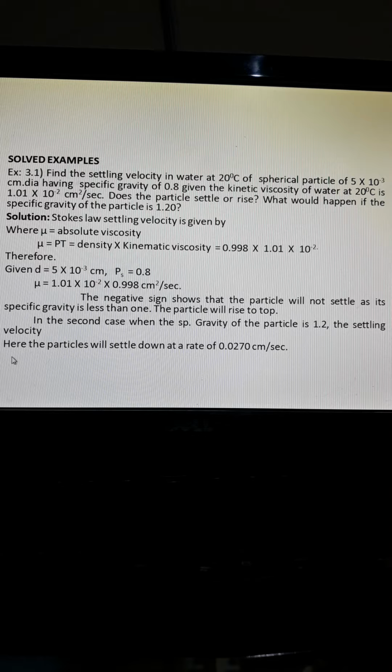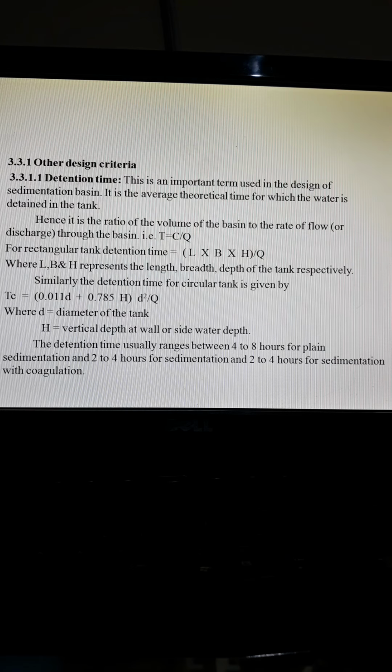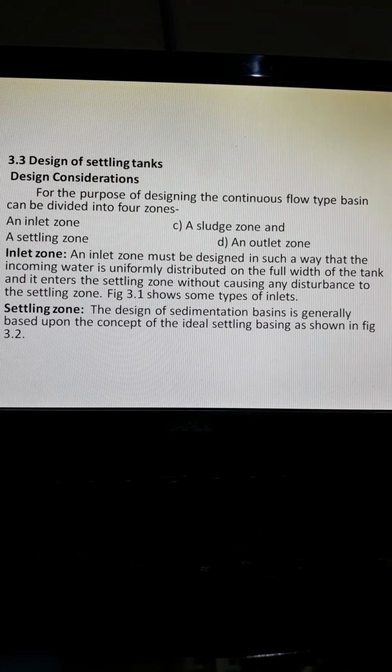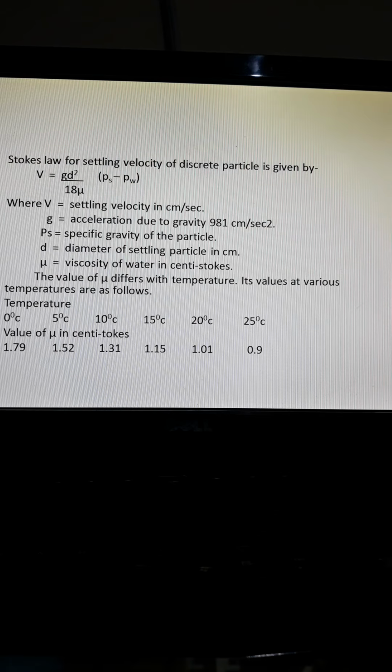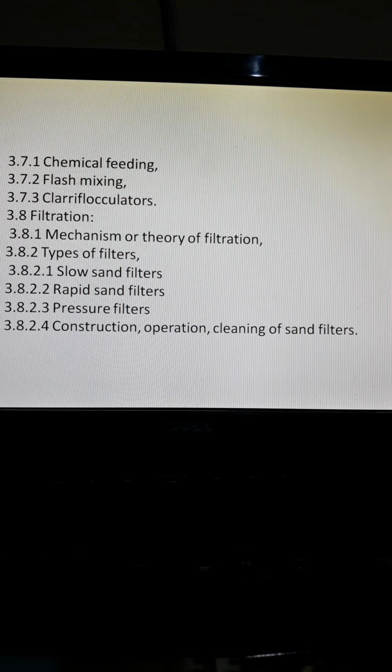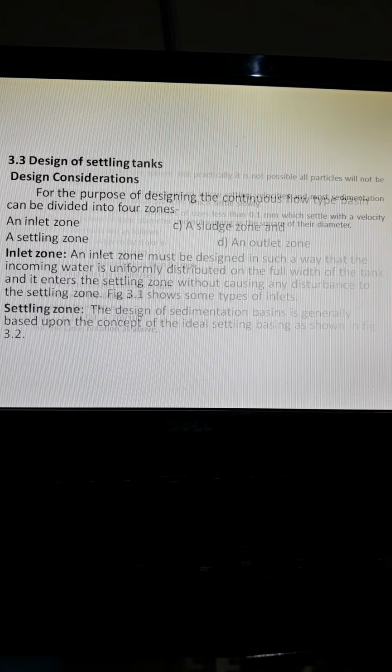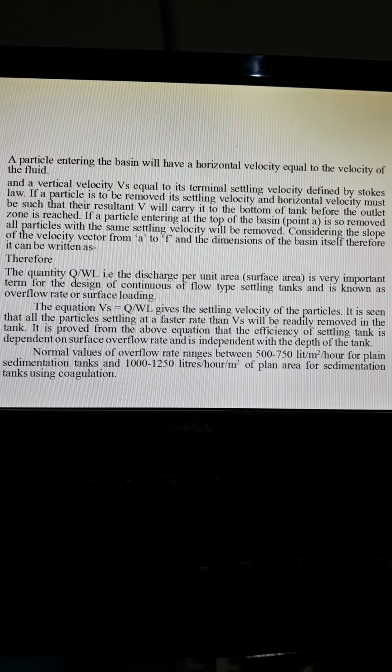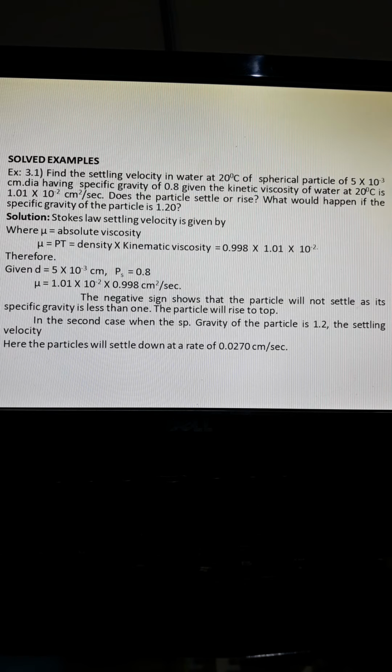In the previous class we studied the theoretical aspects of the sedimentation tanks, and we have to now discuss the types of sedimentation tanks.